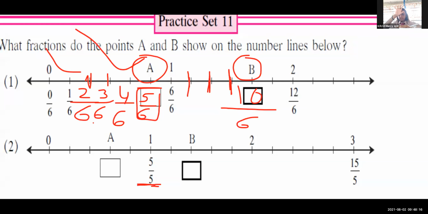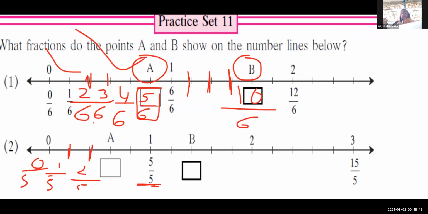So here, first will be 0 upon 5. Okay. Next, after 0 upon 5, here will be very nice, 1 upon 5. Okay. Now next number, very nice, 2 upon 5.